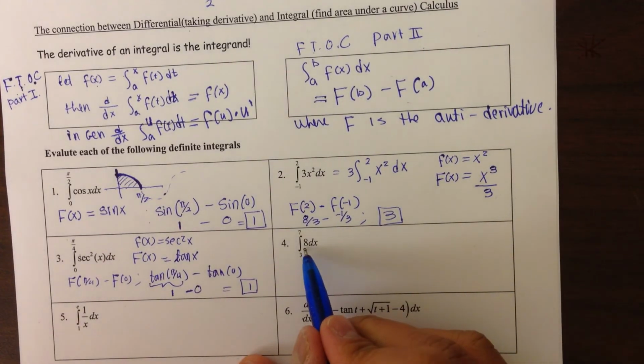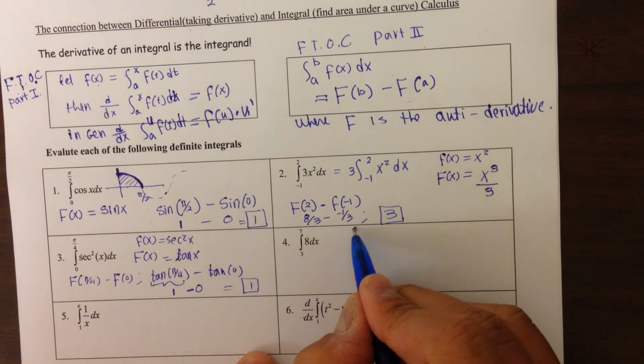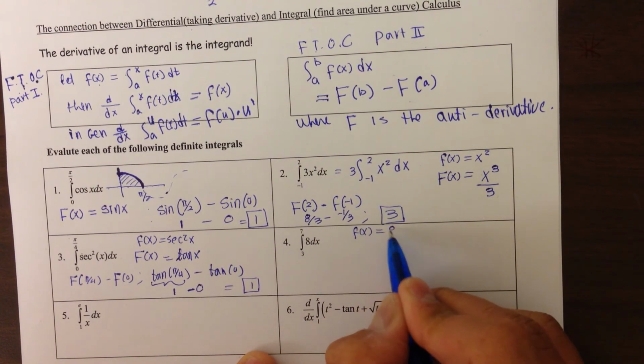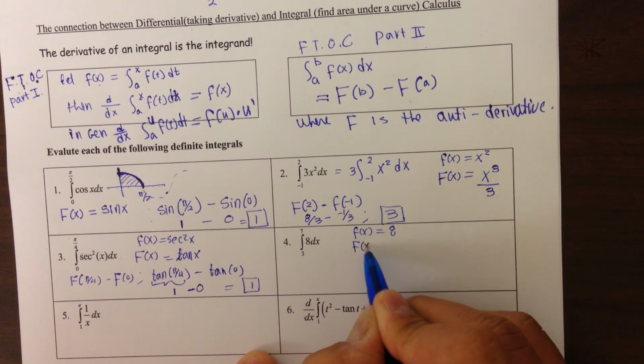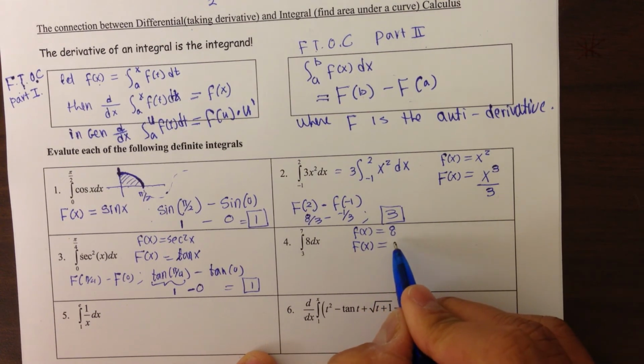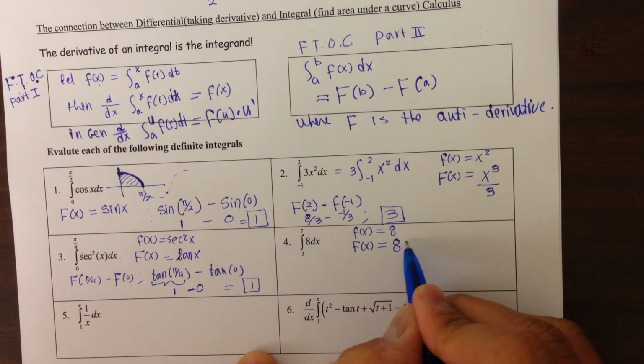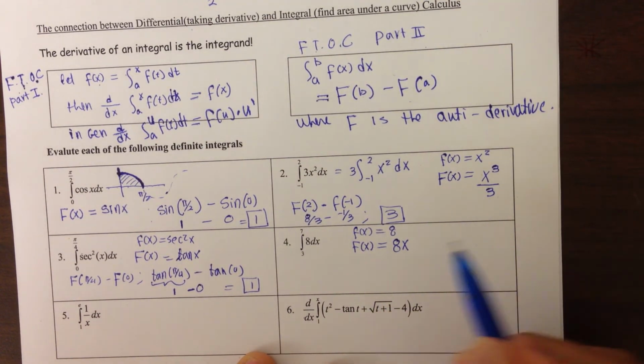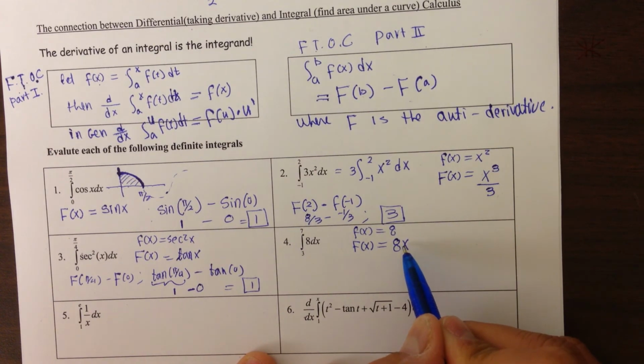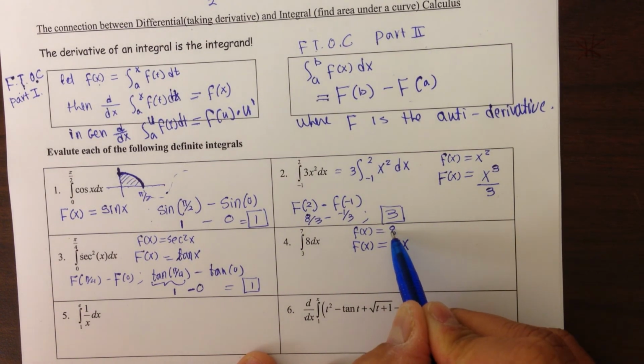Now going over here, your function is equal to 8. When your function is a constant, then the antiderivative is basically adding an x in front of that constant. Because look, if you take the derivative of this, then you get that. See?